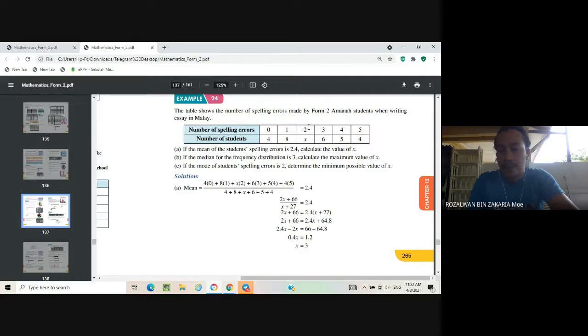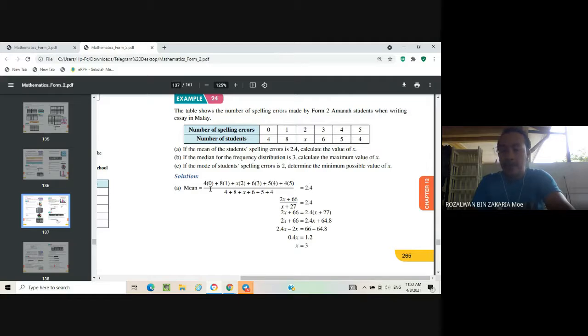So x multiplied by 2, the number of spelling errors, then plus 6 students with spelling error 3, so 6 multiplied by 3, then plus 5 students multiplied by 4, the number of spelling errors, then plus 4 students multiplied by 5.